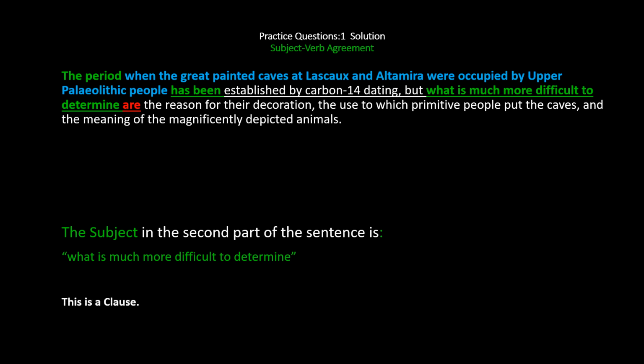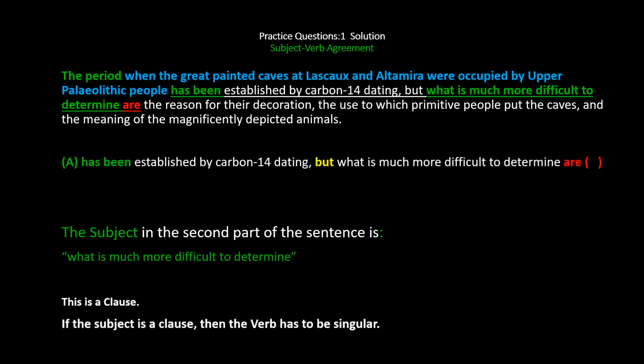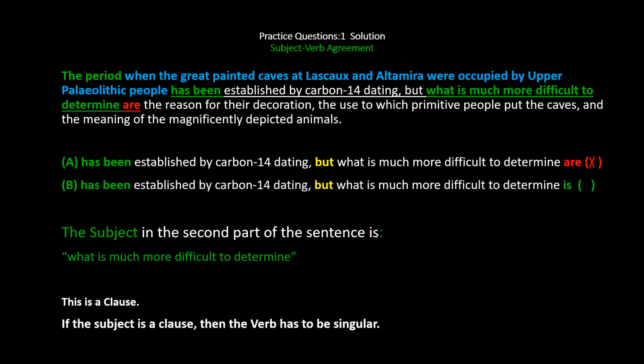So you should always look for the common elements or the differences in the beginning or at the end or in the middle of the options. Now I see that the last word in option A is are, and the last word in option B is is. Again, a singular and a plural verb.